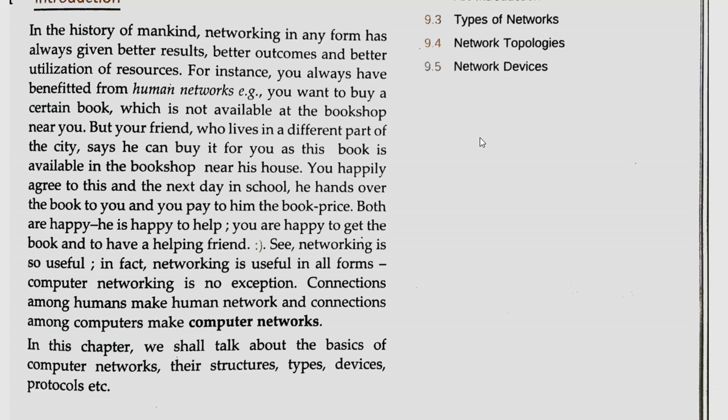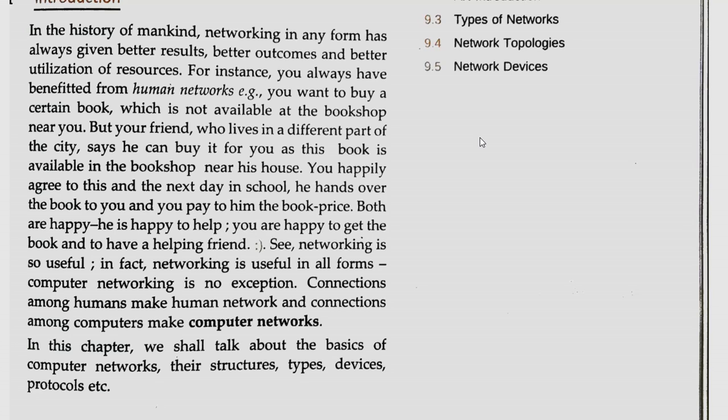Whatever example you have studied here was actually showing you a human network. Here one person has some resource and the other person is in need of that resource. So in that case there should be a network between them so that the resources can be exchanged from one place to another. The first friend had the money for the book, but he was not able to purchase it because he did not have a shop nearby.